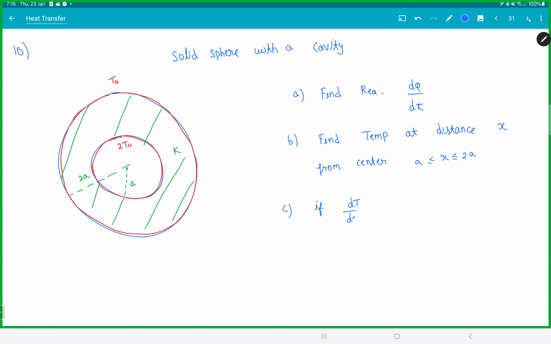If dT by dx is proportional to x power n, find n, that would be an integer question. What else can I ask you? Let's get these three first. We can ask more, but I think if you get this, you'll be able to handle most of it.